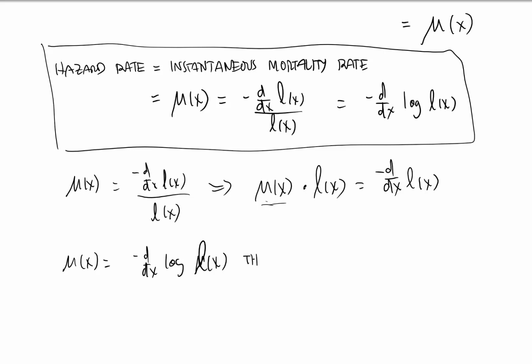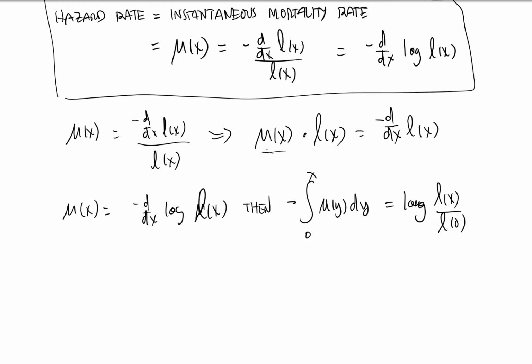then we can take the integral of both sides, and we can have the integral from 0 to x of mu of y dy. I think I need a minus sign here, because we're multiplying it, and that's going to equal the log of L of x divided by our radix, L0.